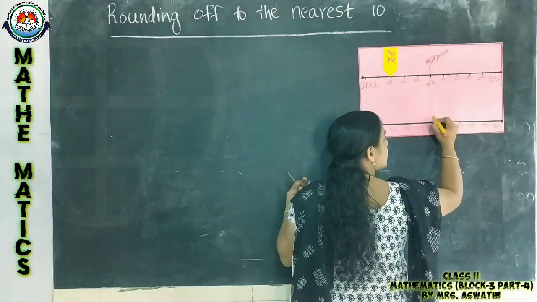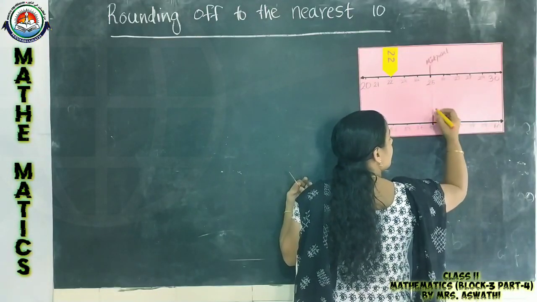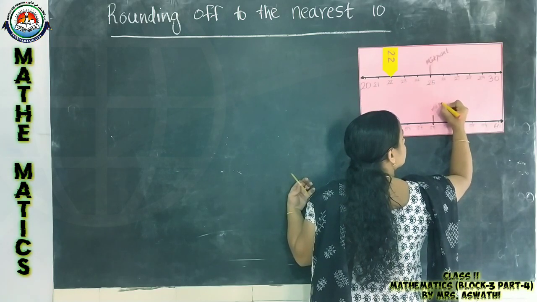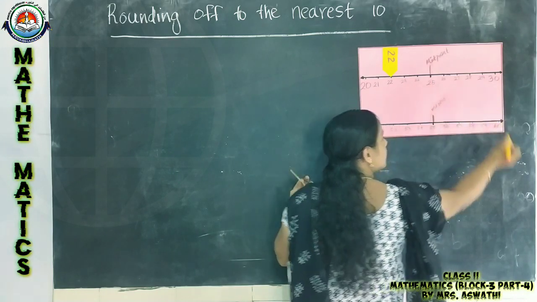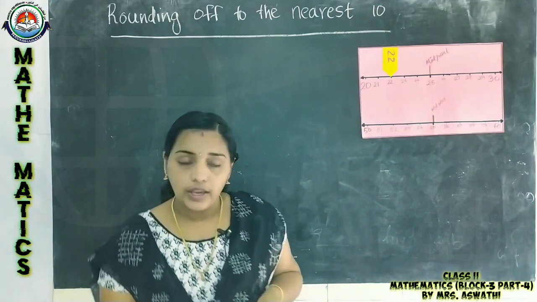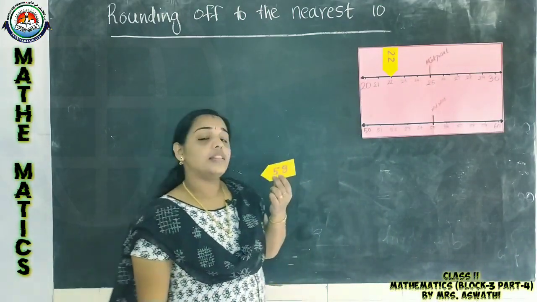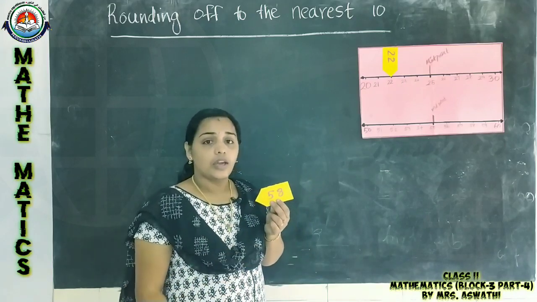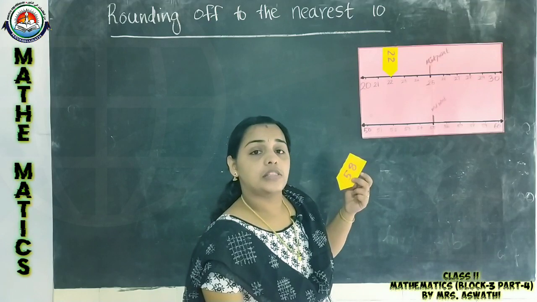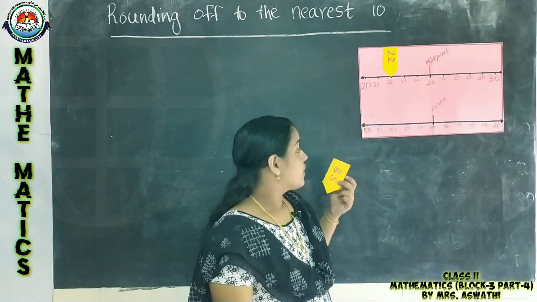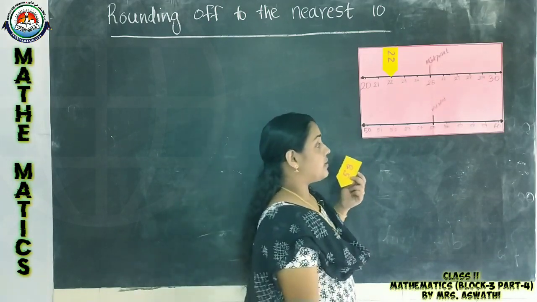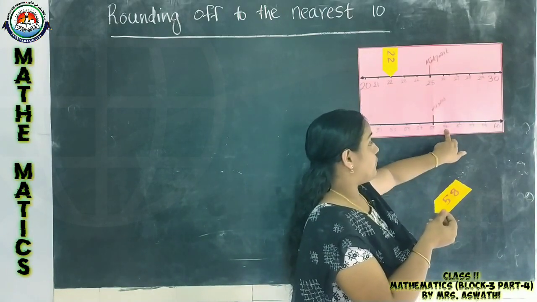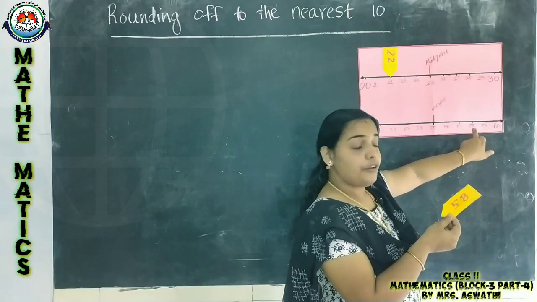Yes, this is the midpoint. Now we can easily find where this number is fixed. Find the position of this number. 55, 56, 57 and 58.